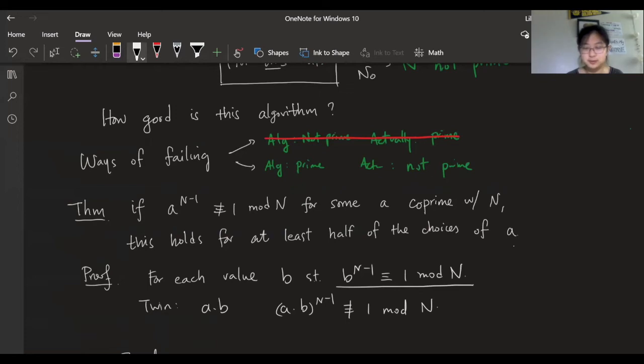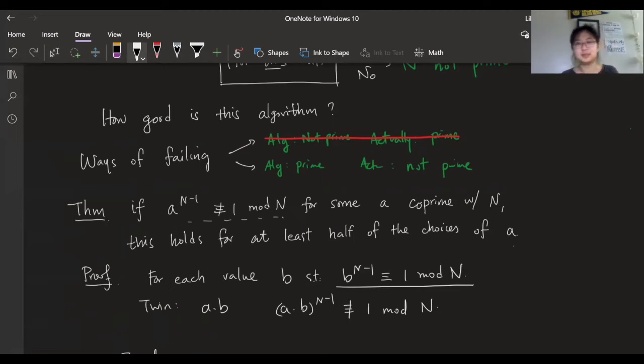This would be something that if you pass in b, the algorithm is going to tell you that n is prime, but it's actually not, because we know that n is not prime. Right? For every b that makes the algorithm fail, we have an element a times b that makes the algorithm succeed, which means essentially that there have to be at least as many things that make the algorithm succeed as make it fail.